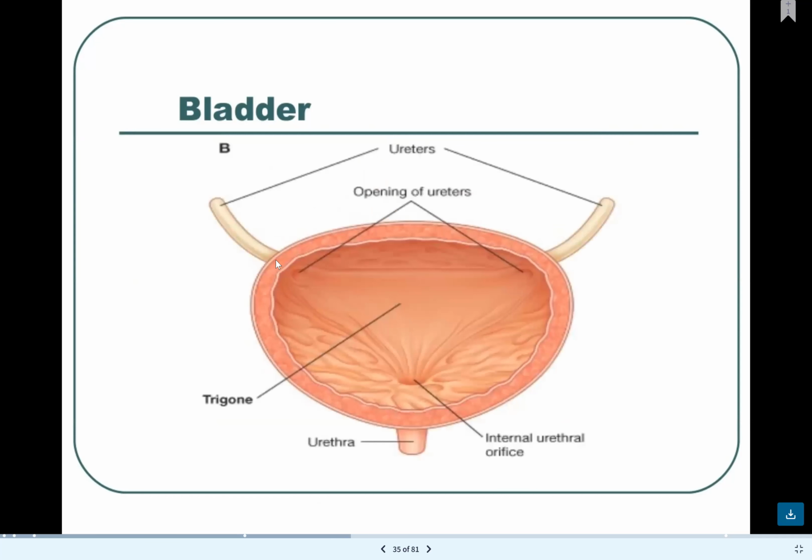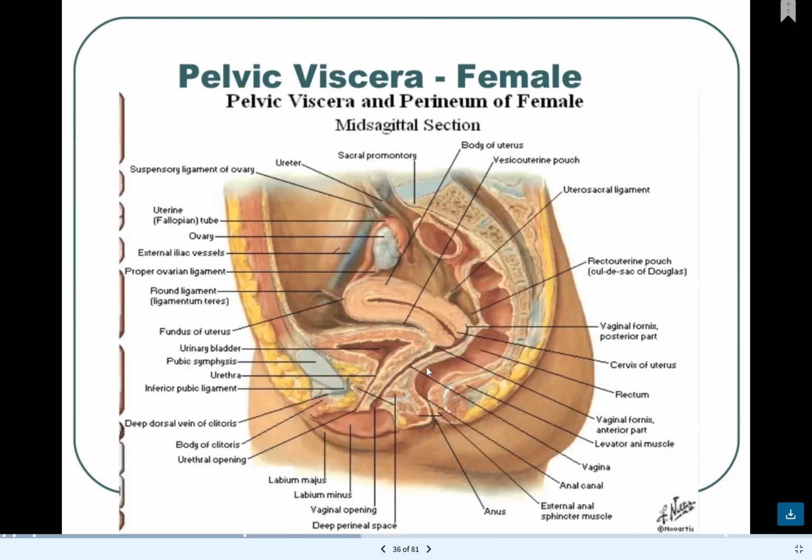So within the bladder, we can see the trigone, which we've already seen when we were doing the excretory system, so I'm not going to talk much about it. These are the detrusor muscles with the transitional epithelium inside. And this is the internal orifice of the urethra. So eventually, this is the bladder, and then that comes out.